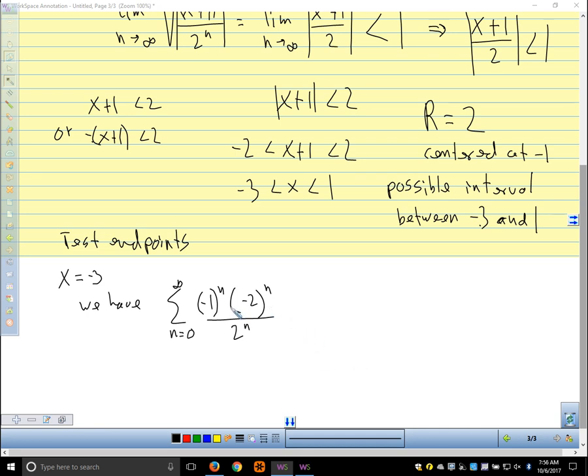So let me finish with this one. We have (-2)^n and (-1)^n; the (-1)^n's cancel each other out, and we just get the sum from n equals 0 to infinity of 1, which diverges.